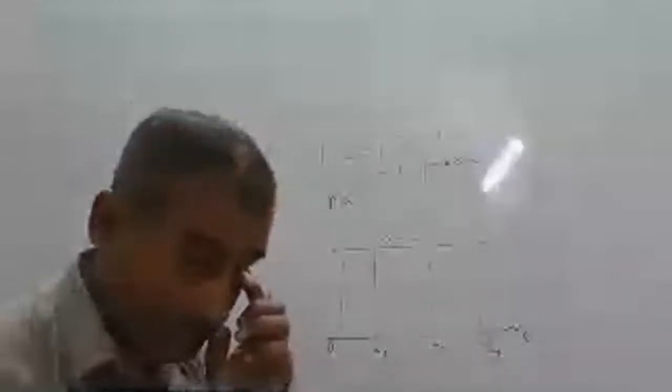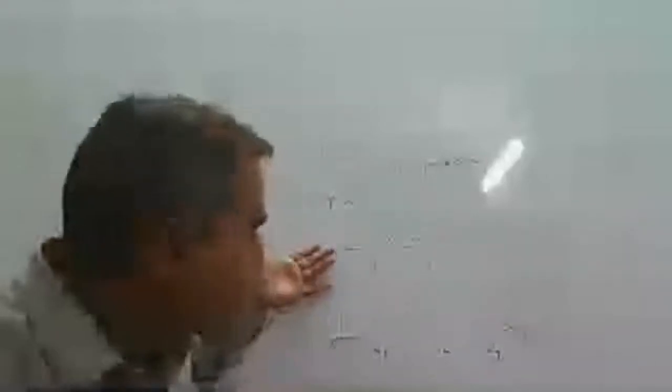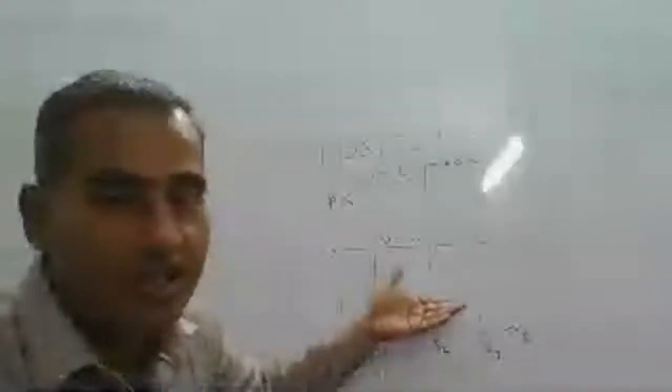So the particle is in the condition of rest. Now the conclusion: if in a position-time graph the line is parallel to the time axis, then this represents the rest state of the body, the rest state of the particle.